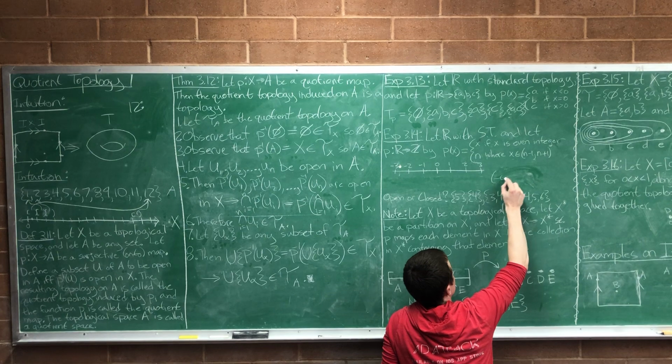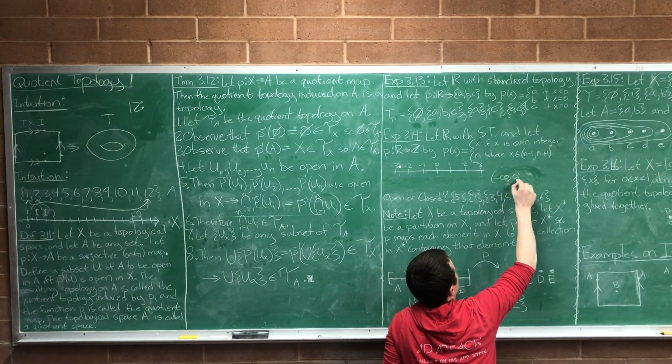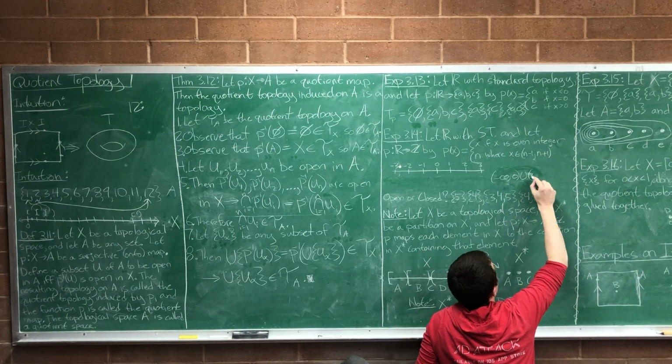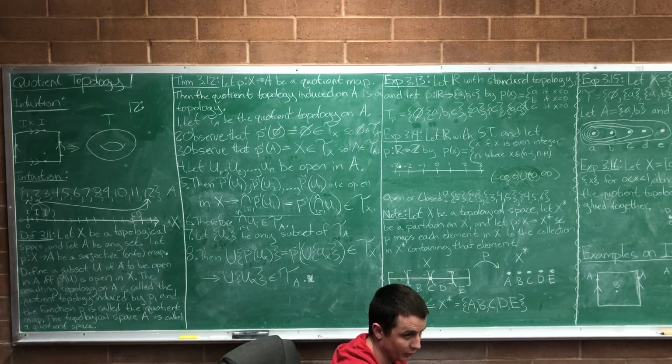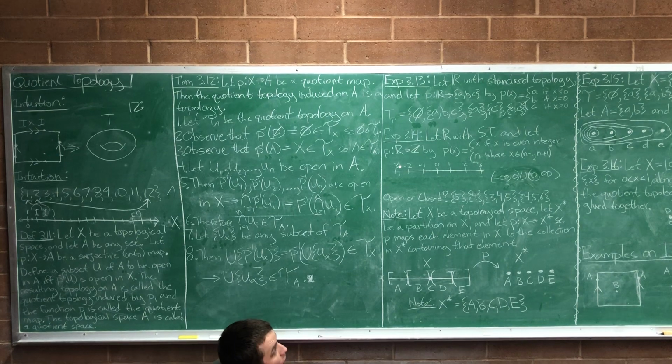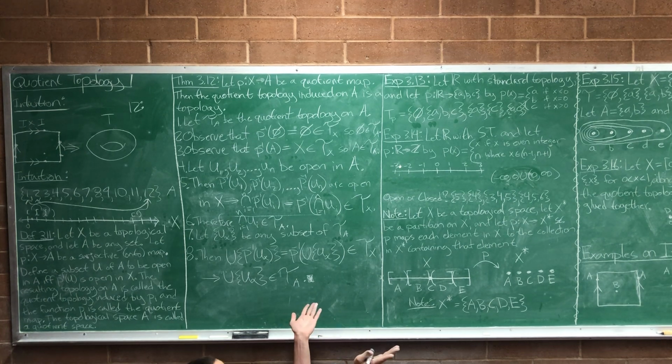The interval negative infinity to 0 union with the interval 0 to infinity. Is that an open interval or union of open intervals? Yes, so it's open in the real numbers. So the set containing AC is open because its pre-image was open. It's that simple. You're wondering, is the set open? Just look at its pre-image. If its pre-image is open, then the set's open under the quotient map.